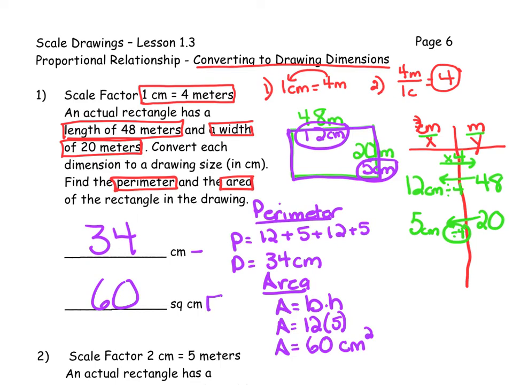That's the number of square units it takes to cover the region or the flat surface on the inside of that rectangle.